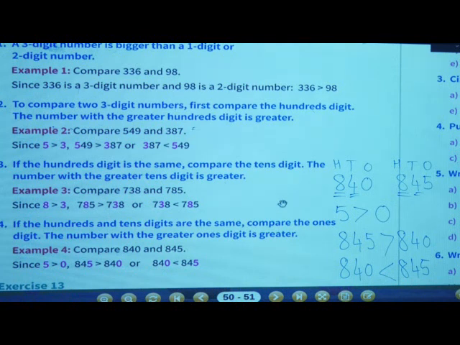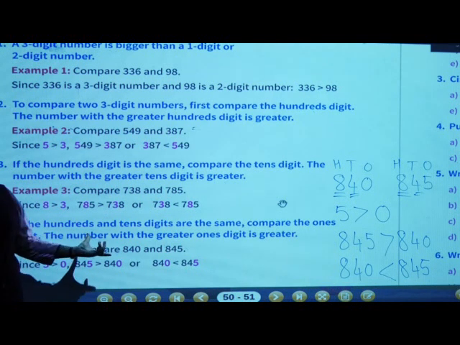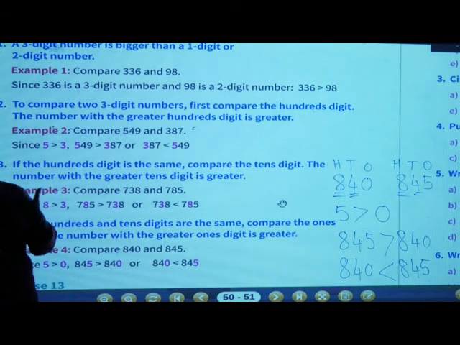Okay. First we saw the hundreds place. Then we saw the tens place. And then we saw the ones place. In this way you can do comparison. We are doing comparison, more and less. What is more? What is less?